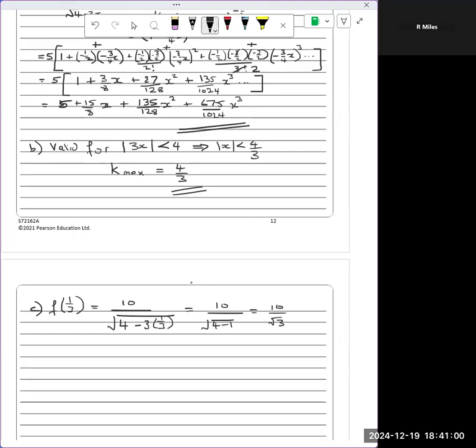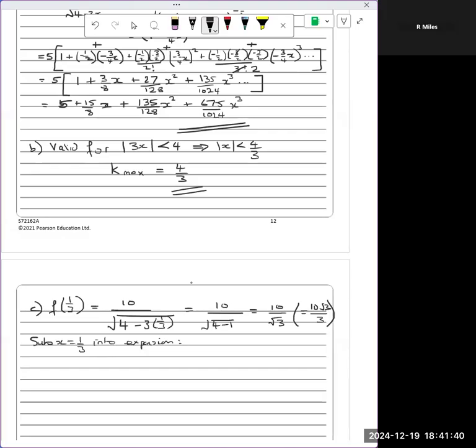Now, depending on how you leave this, it does affect your answer. You might leave it like this, or you might write 10 root 3 over 3. Both are acceptable, but they do give you slightly different answers at the end. So the other part is that we are going to sub x equals 1/3 into our expansion. So that's going to give us the approximation.